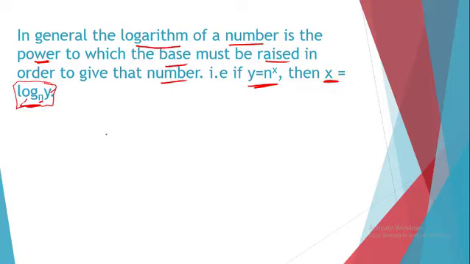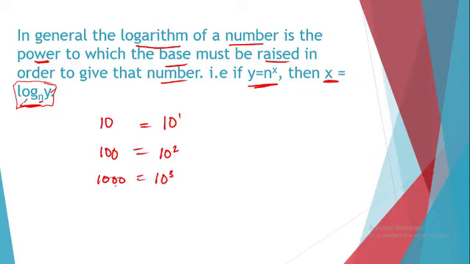Okay? Now similarly, 10 means 10 raised to power 1. And 100 is 10 raised to power 2. And 1000 is equal to 10 raised to power 3. Is that correct?